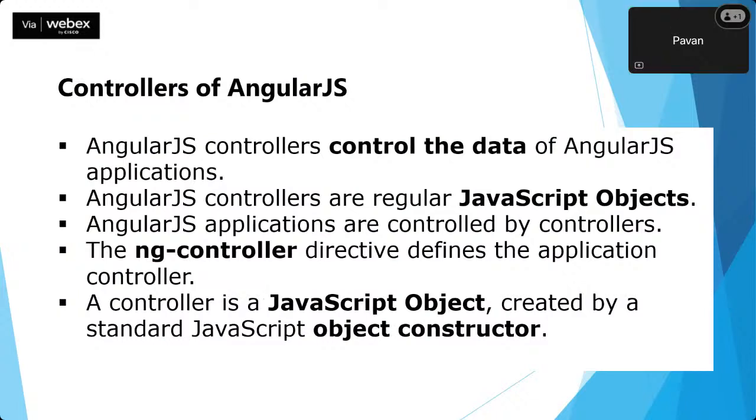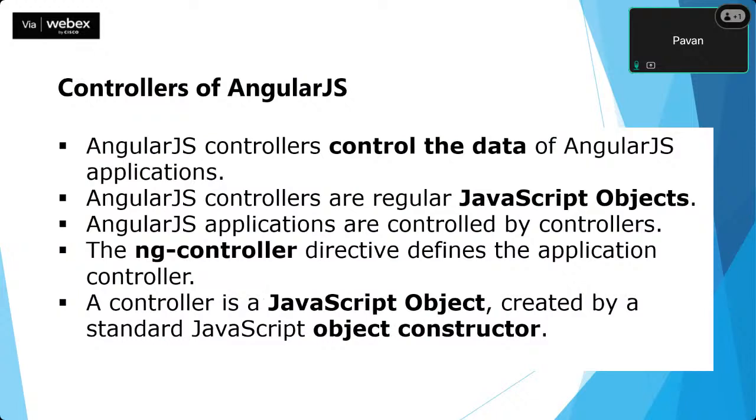Yeah. So AngularJS controllers are regular JavaScript objects. So basically, these controllers are JavaScript objects themselves, and they are retrieved from the JavaScript framework using AngularJS. So AngularJS applications are controlled by the controllers. The ng-controller directive defines the application controller.